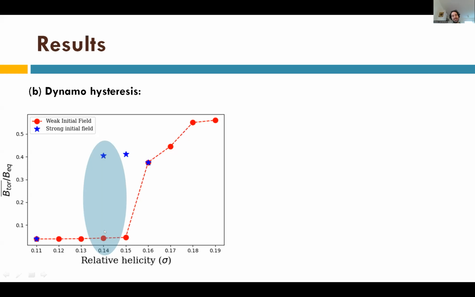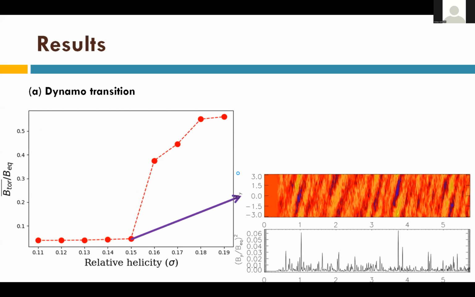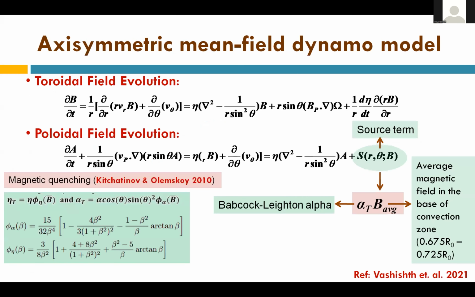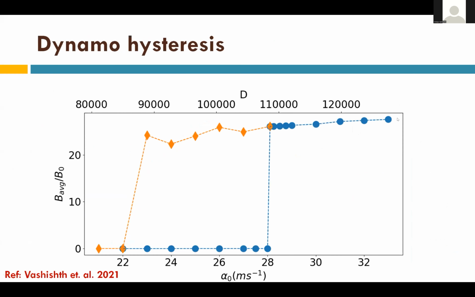Yes, but I guess if you start with a weak field with a high dynamo number, you're on the top right. Yeah, that we did in a symmetric dynamo model. If we start here and then decrease, it will follow this blue curve only.